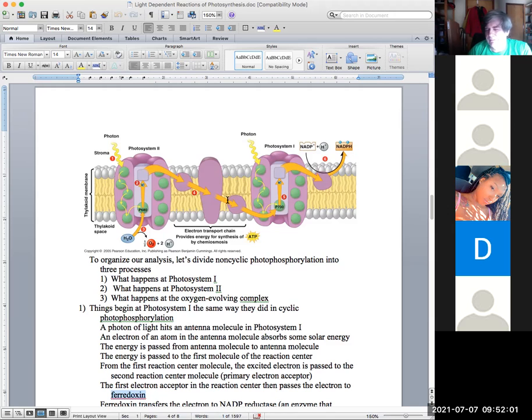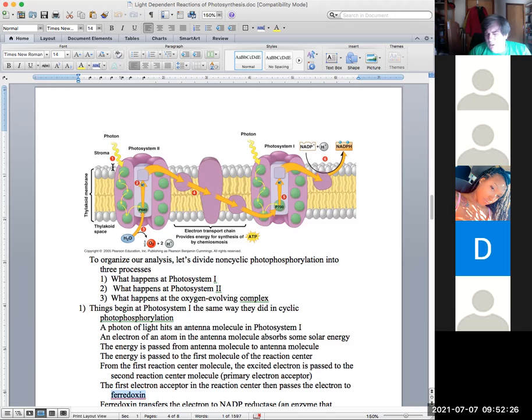Opposites attract. Well, this is where photosystem 2 comes into the picture. At the same time that photosystem 1 is getting hit by light and giving away an electron, photosystem 2 gets hit by light. And really the same thing happens in photosystem 2 that occurred in photosystem 1.